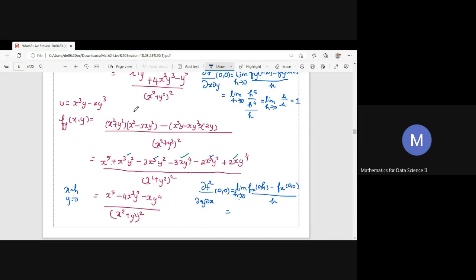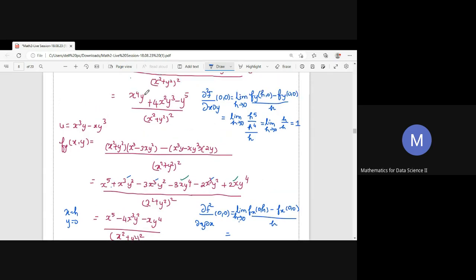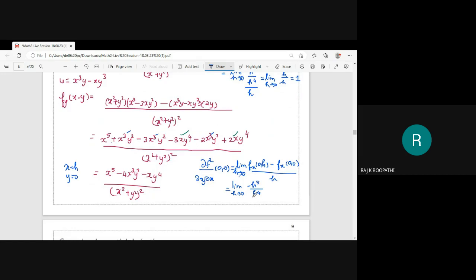Now you have to consider x equal to 0, y equal to h. So what will you get? Minus h power 5 by h power 4 by h, which is minus 1.